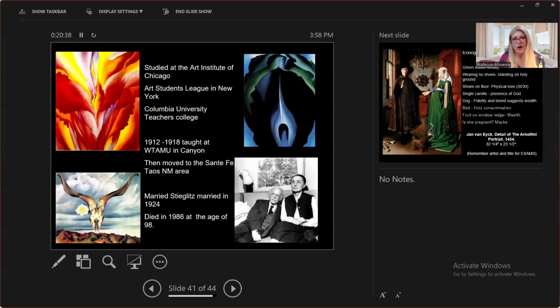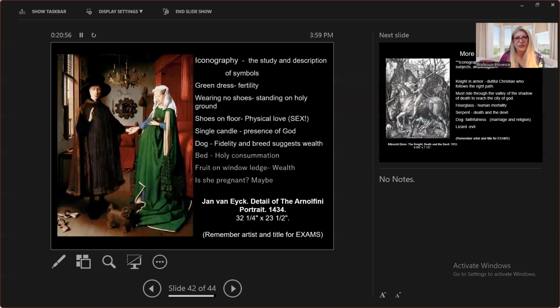She was kind of upset that she didn't know who this person was who owned her painting, and they met and they fell in love and they got married, and they were a pretty powerful couple in abstraction, and Stieglitz was surrealism and photography. Now that leads us to iconography.